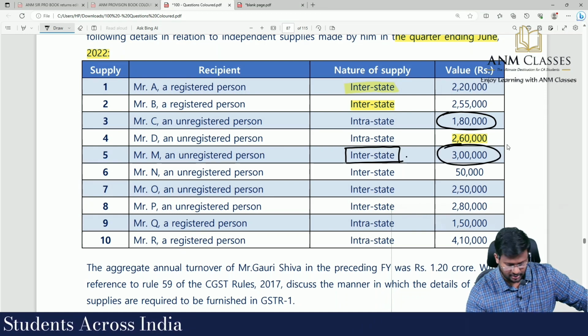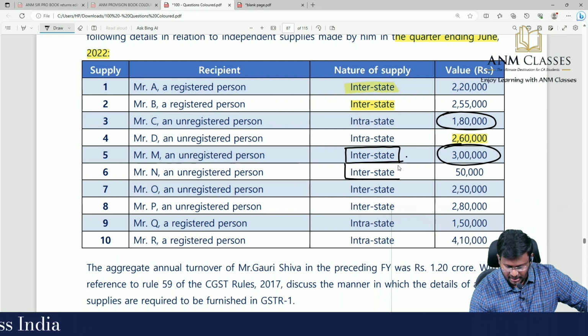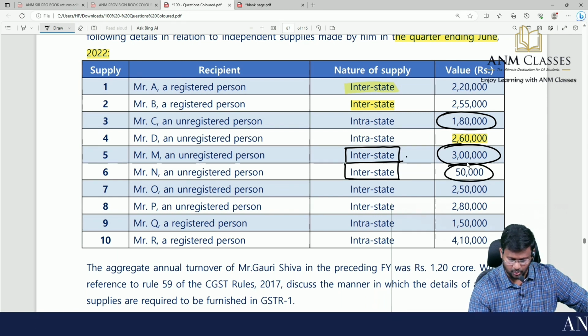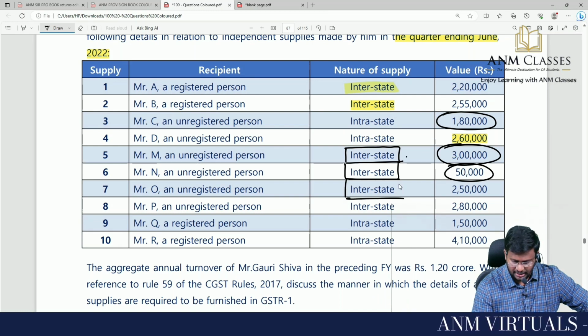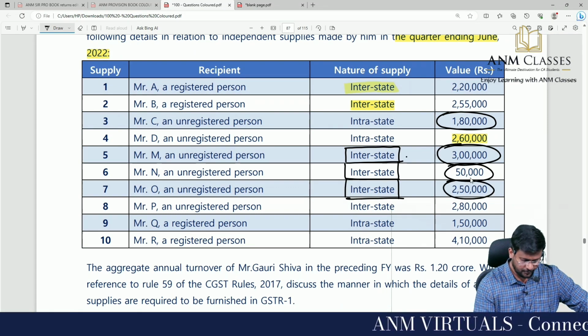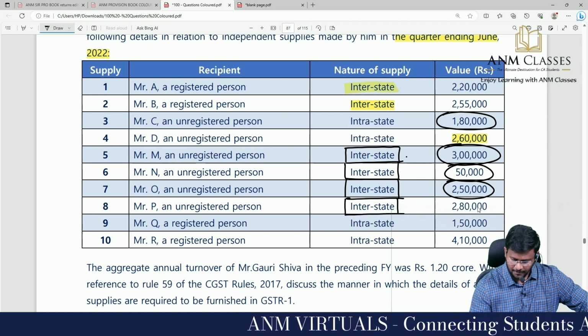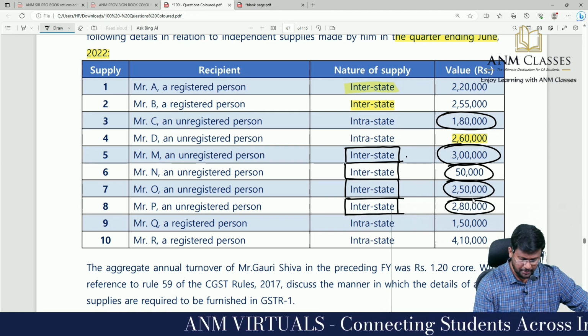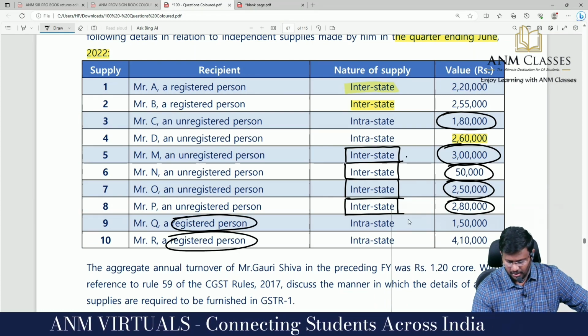Value 3 lakh. Mr. N, an unregistered person in a state, interstate. Value 50,000. Mr. O, an unregistered person in a state, interstate. Value 2,50,000. Mr. P, an unregistered person in a state, interstate, value 2,80,000. Mr. Q, a registered person, intrastate.